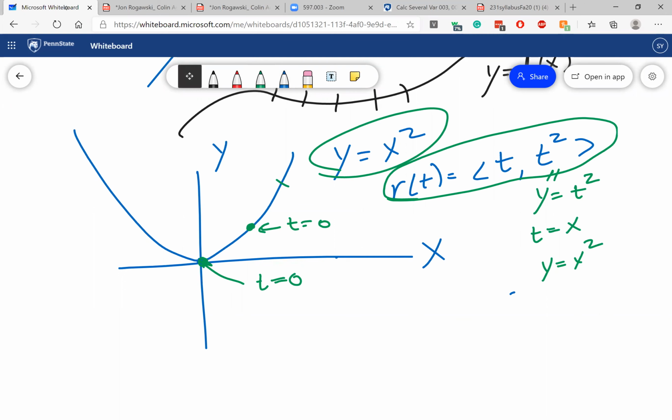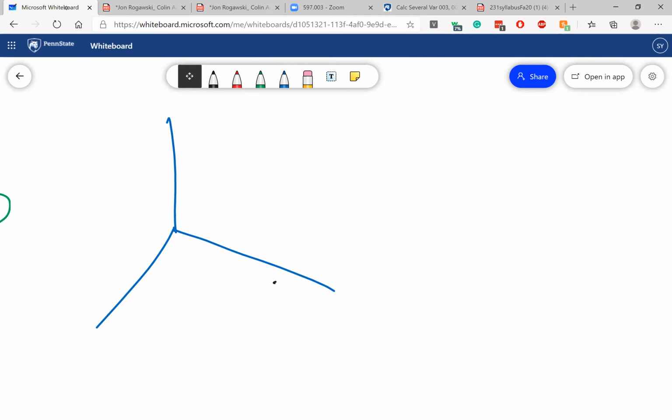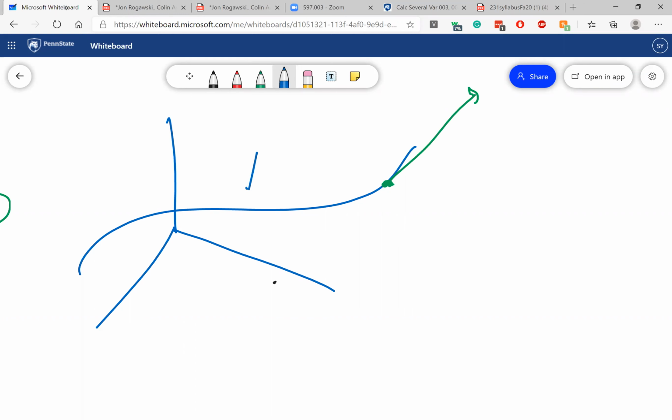Okay. Regarding the tangent line, if here is my curve, then for some point over here, the tangent vector. My curve over here is r of t. So then my tangent vector is going to be r prime of t, and if we're at t0, it's going to be r prime of t0. That's going to be the direction of my tangent line at this point.